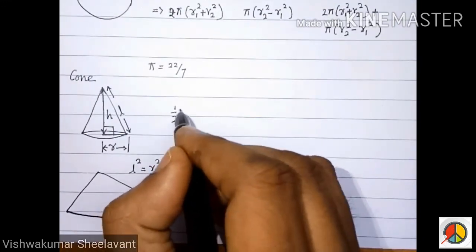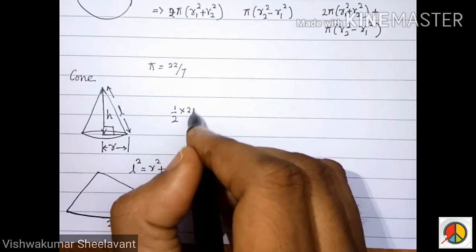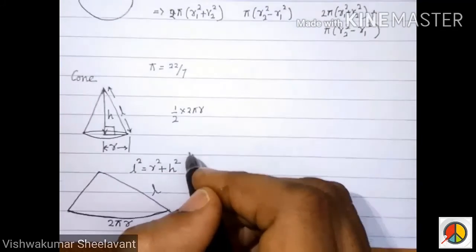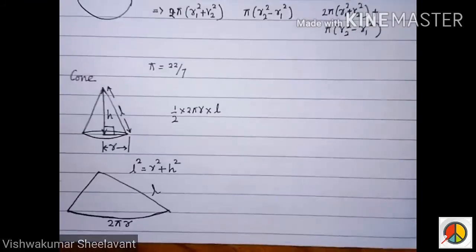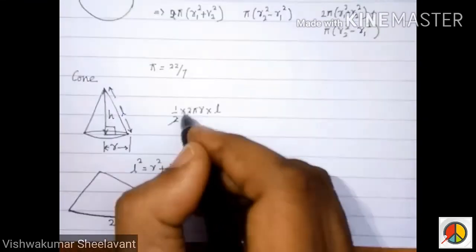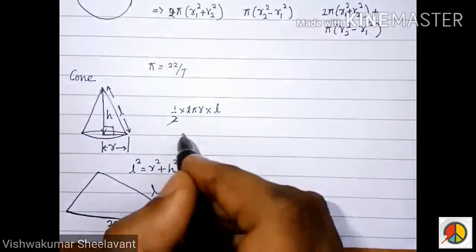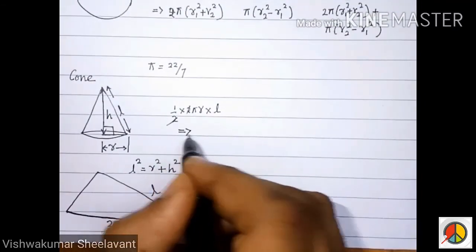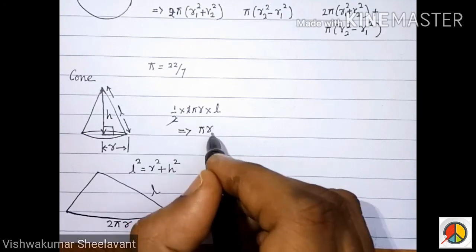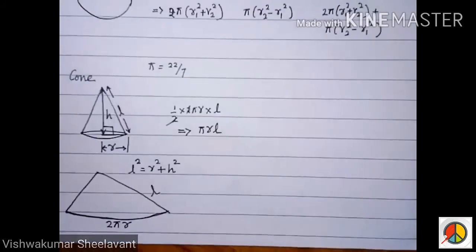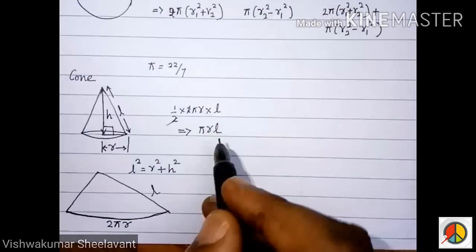Half into base into height. So 2 and 2 will get cancelled. You will have CSA of cone as pi into r into L. Remember, L is slant height.